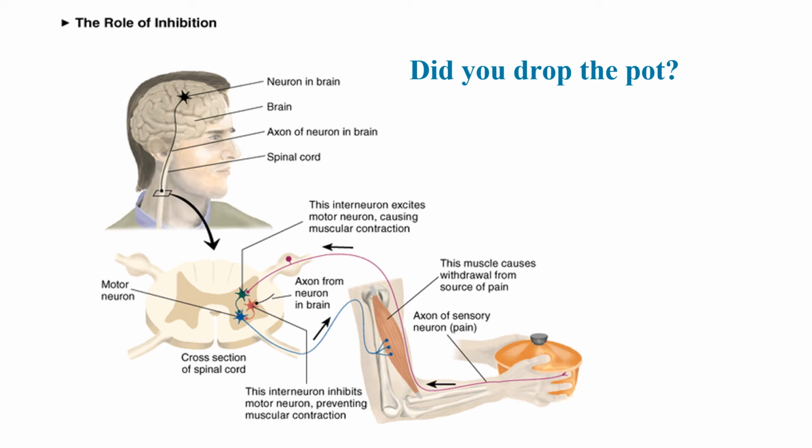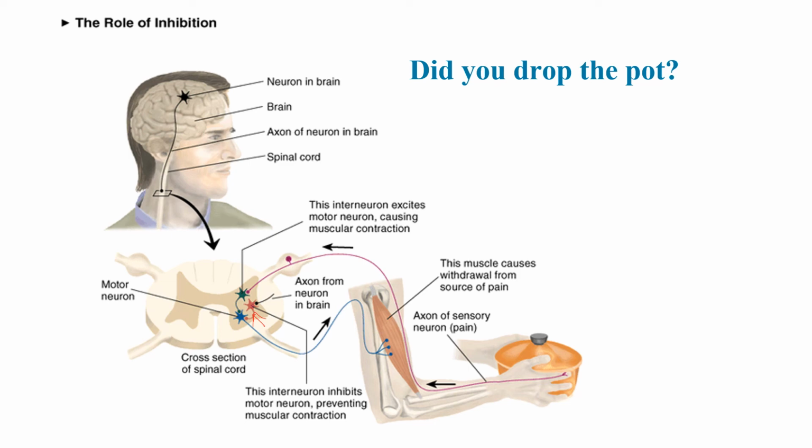So going back to this, did you drop the pot of casserole? You had the neurotransmission from the sensory nerves all the way to the spine. The interneurons from the spine are telling the motor neurons to activate and drop. However, your conscious thought about not dropping it, about knowing that you're about to touch something that's warm, is sending inhibition down to this red one again, the interneurons that come from the brain.